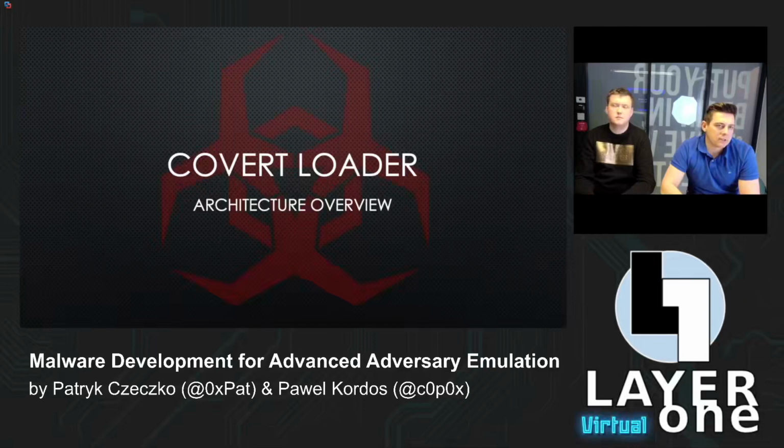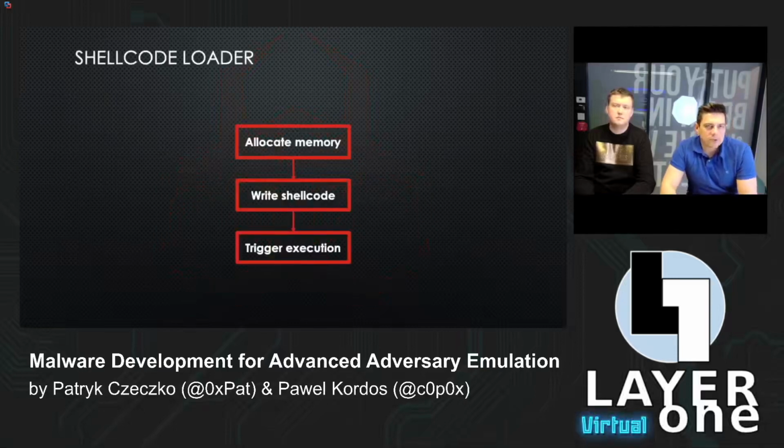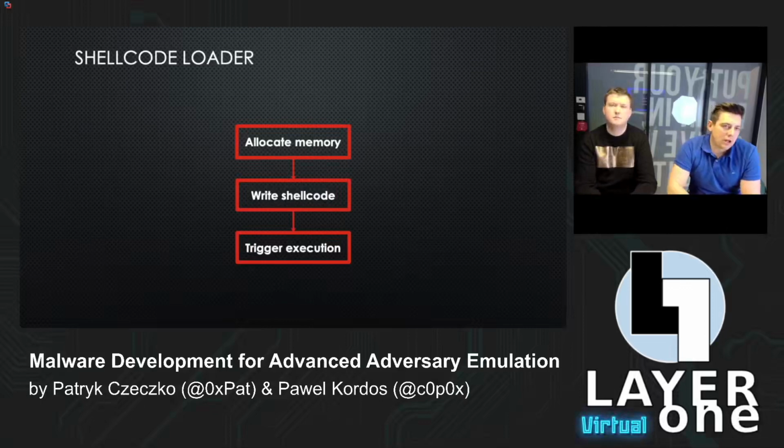So that's a typical approach we used during our red teaming exercises back in the days. So starting with this architecture, we got here what we mentioned 2 slides before. So firstly, the application would need to allocate memory, write the shellcode, and then trigger execution. But this is some trivial stuff and would probably get detected right away by some antivirus.